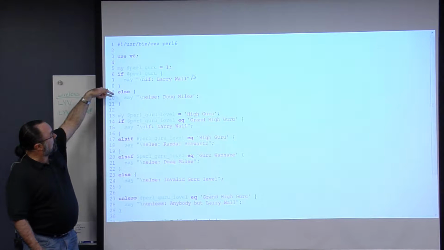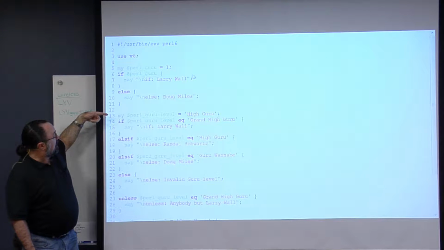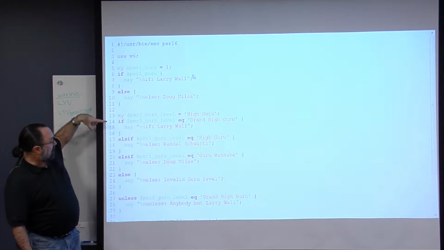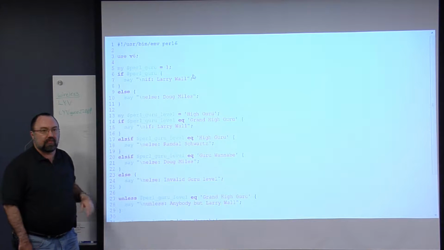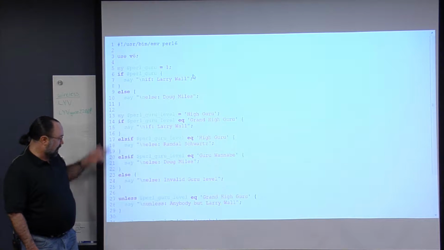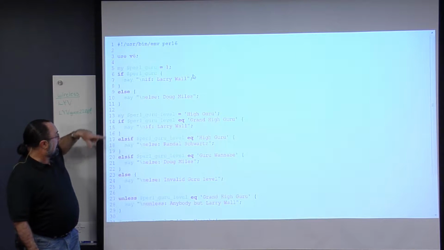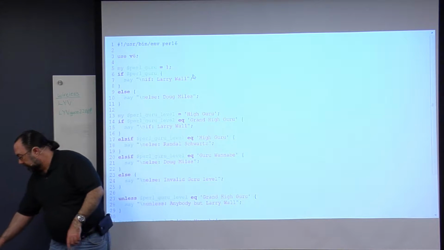If I switch that to a 0, it's going to say me. Then down below, it's a little more interesting. Here I just set it to a string, and again I'm doing it the Perl 5 way. Looks very familiar. So we set it to Hi Guru, and Hi Guru is going to be Randall Schwartz.